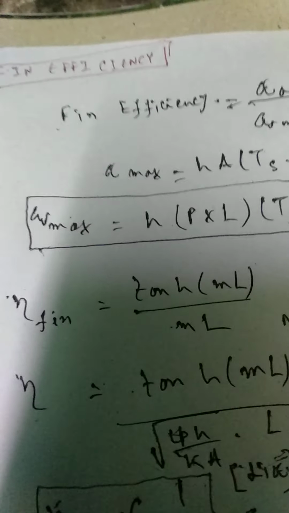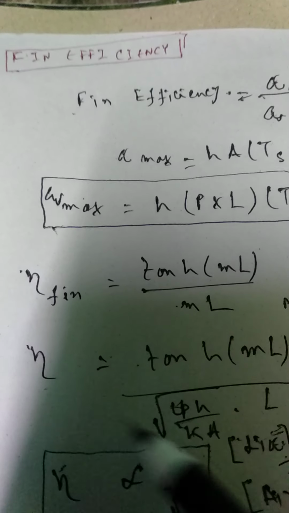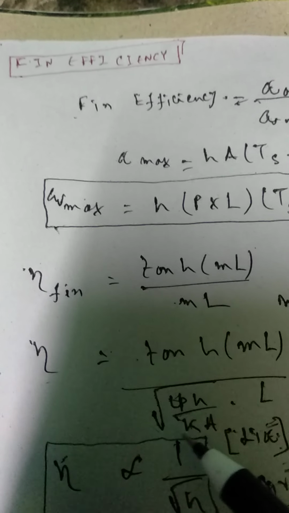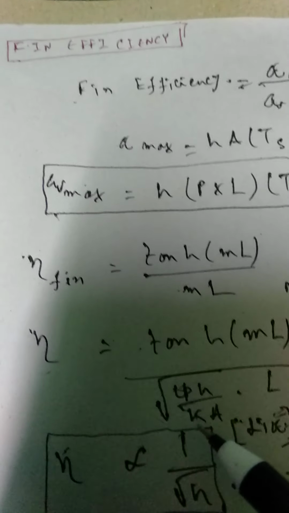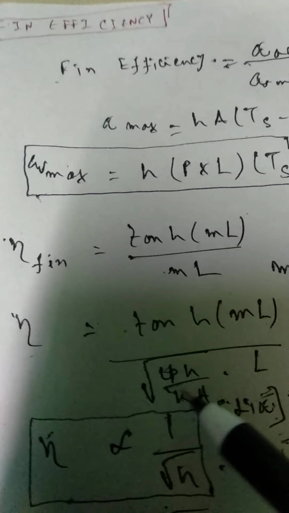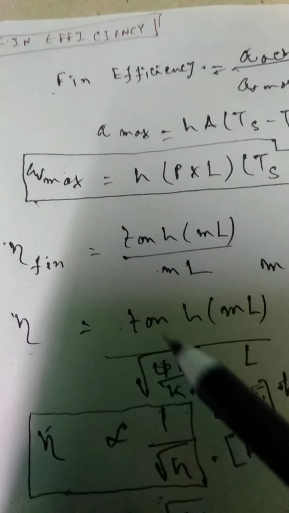The efficiency of the fin will be directly proportional to root over k. See over here that eta is equal to, you can see, root over hP by k, so this root over k will go to the numerator.